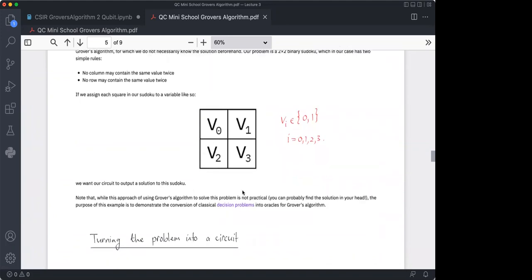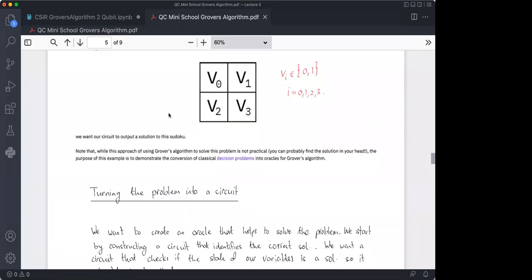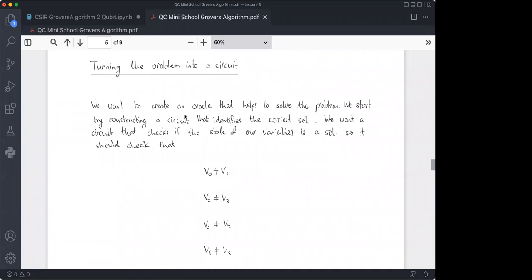It's very simple, but very interesting as well. So let's turn this problem into a circuit. The first thing we want to do is create an oracle that will solve this problem, and we do that by constructing a circuit that will identify the correct solution.